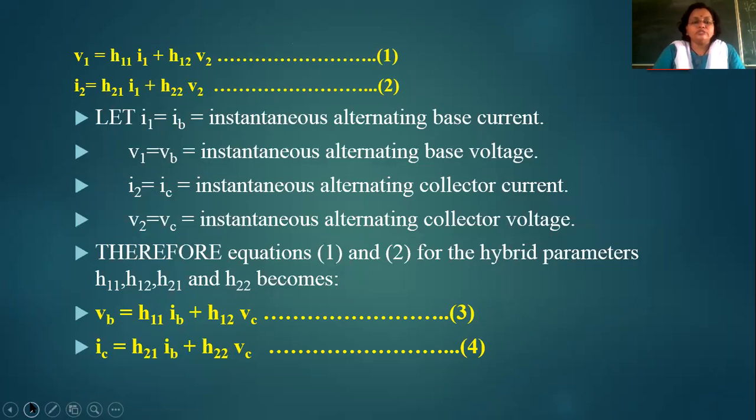V1 is equal to H11 I1 plus H12 V2. Call it equation number 1. I2 is equal to H21 I1 plus H22 V2. Call it equation number 2. Let IB is equal to I1, the instantaneous alternating base current. V1 is equal to VB, the instantaneous alternating base voltage.